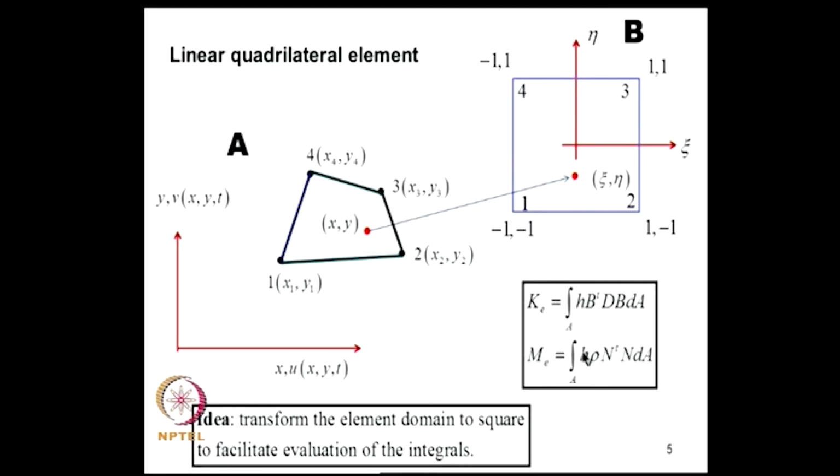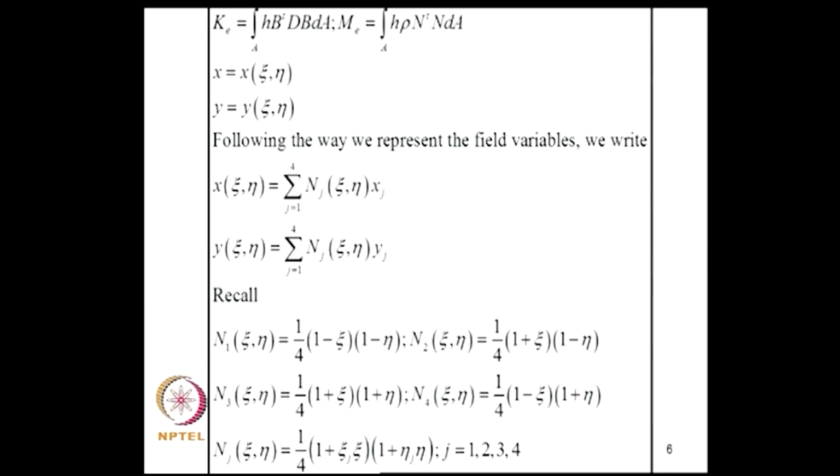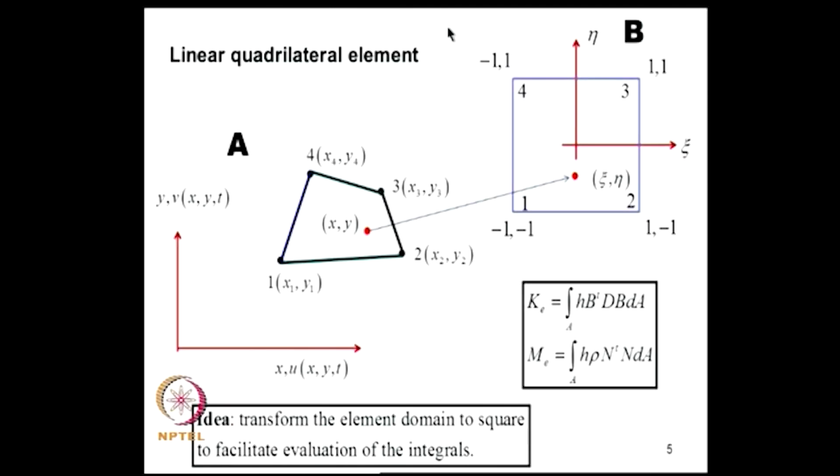We will see what transpires when we implement this transformation. The main idea is to introduce this transformation to facilitate evaluation of the integrals. The stiffness matrix is given by this and the mass matrix is given by this. Now, the transformation that we are doing is from x, y to xi, eta.